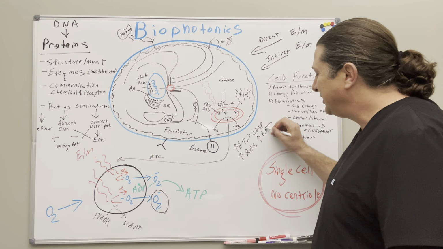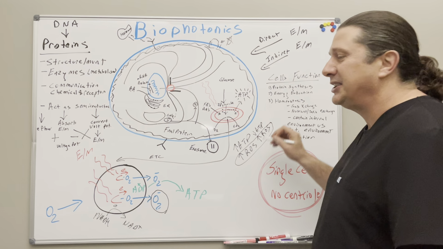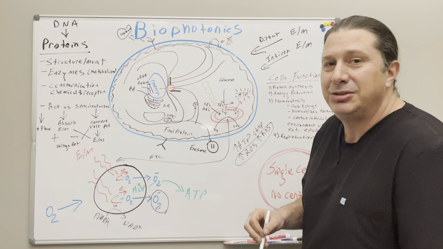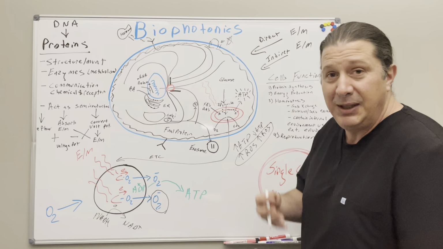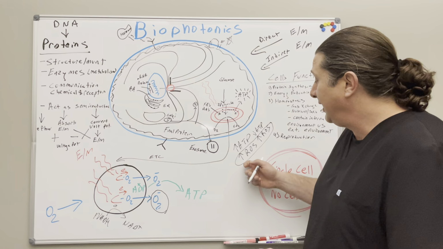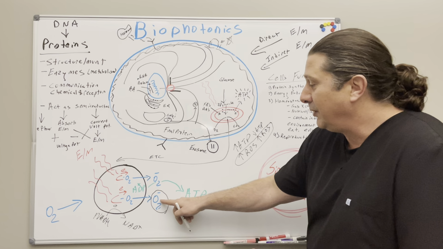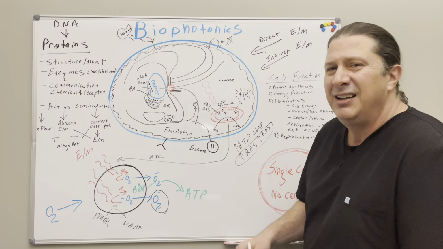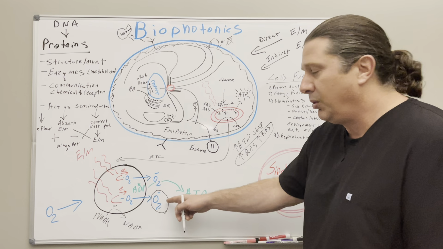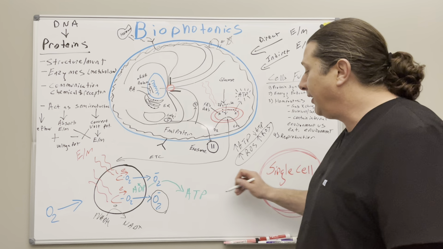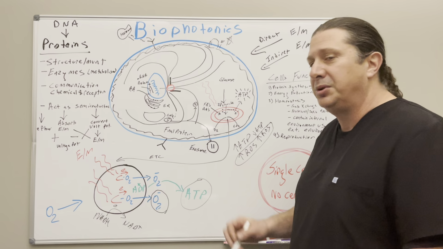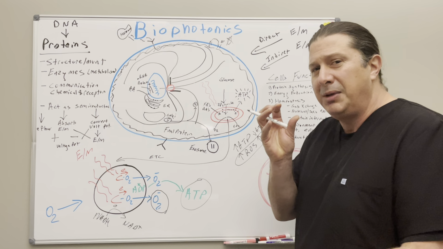ROS, reactive oxygen species, are what cause oxidative stress. Oxidative stress is damage to the cell. The basic aging process of a cell is dictated by ROS. That oxygen molecule that's holding onto that extra electron is like a hot potato, meaning it doesn't want to hold that electron very tightly, not like ATP does. ATP stores that electron charge in a very controlled manner.